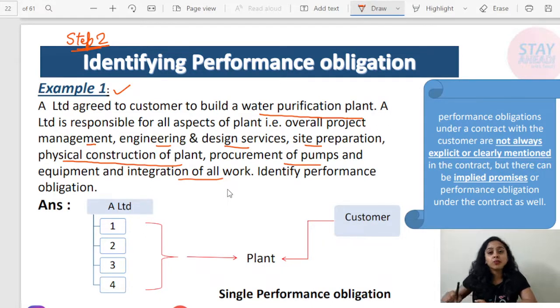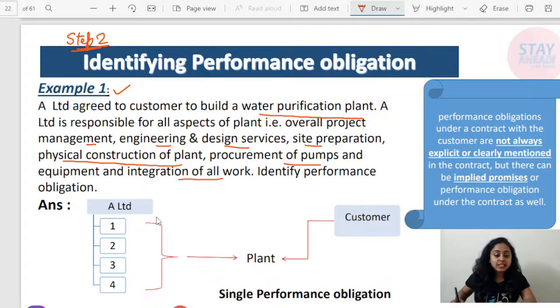Identify performance obligation. Since there are multiple promises to deliver particular goods and services in this contract, there are multiple services and goods. But these are negotiated as one package. These are interdependent on one another. These are not separate, and therefore this total combination of services and goods will be treated as a single performance obligation.